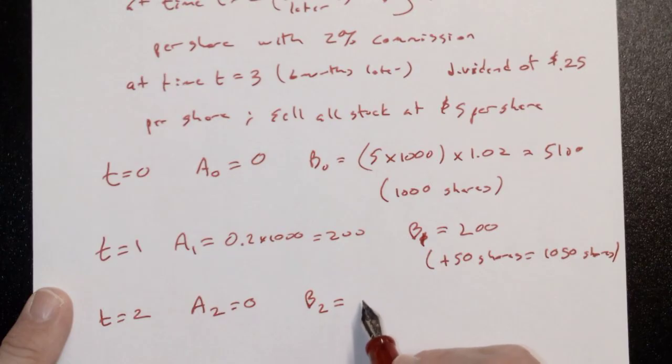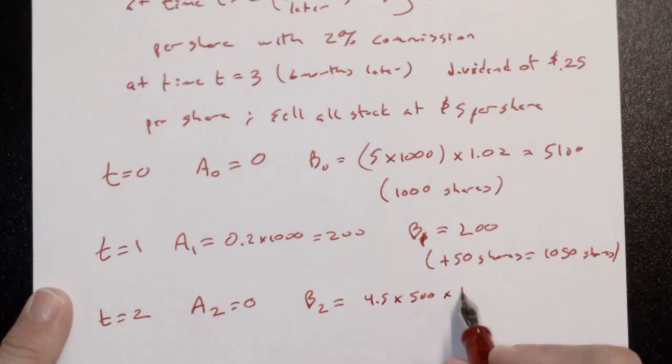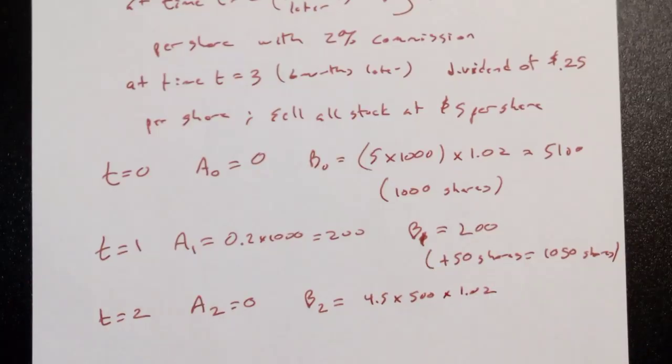B2 is, it's at 500 shares, right? At 4.5 per and a 1.02 for the 2% commission. How much did I spend?